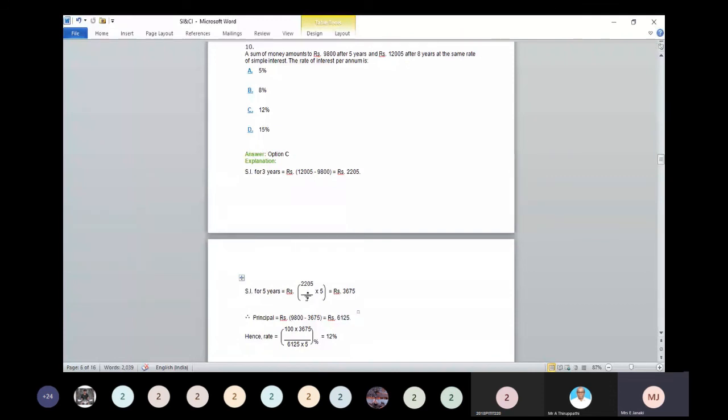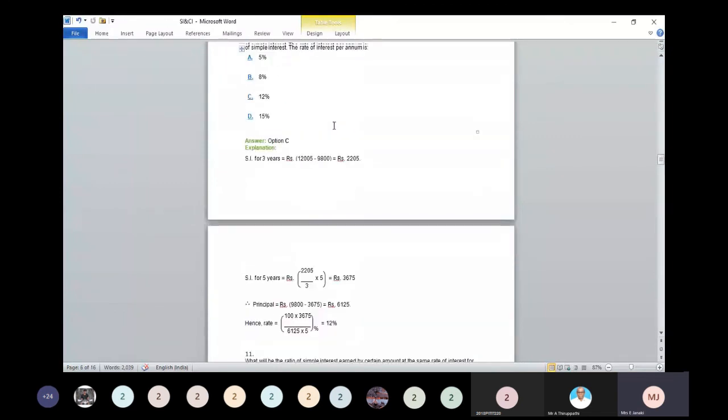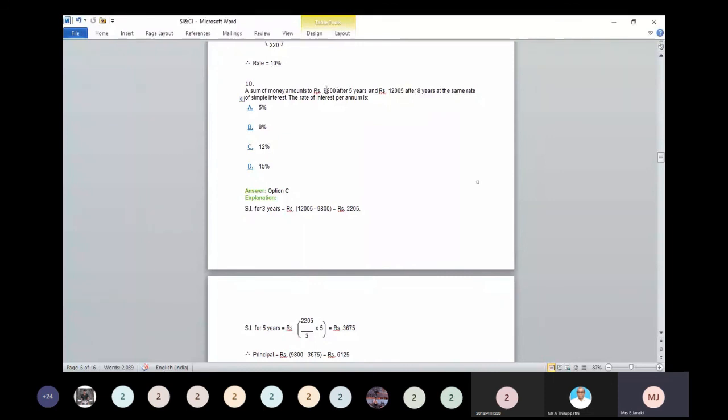So 2,205 divided by 3, into 5. So you are getting only the simple interest for the 5 years, 3,675. But the given amount after 5 years is the sum amount, 9,800. This 9,800 denotes the principal plus simple interest. After 5 years, you invested some amount initially and you are getting 9,800.